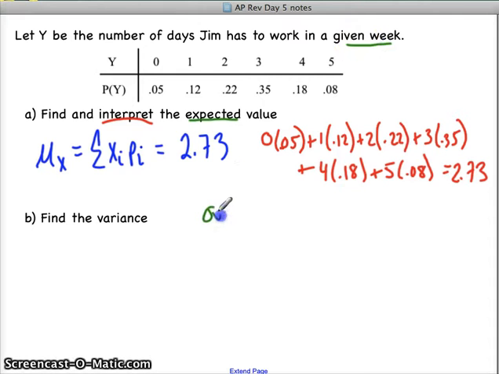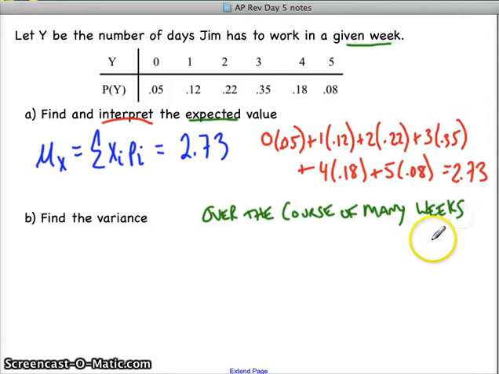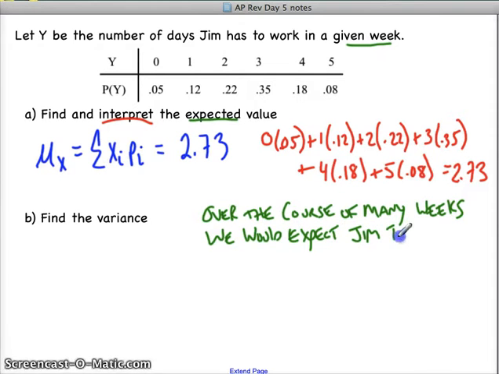So I would say something like over the course of many weeks, we would expect Jim, that's the guy, we would expect Jim to work 2.73 days per week on average.